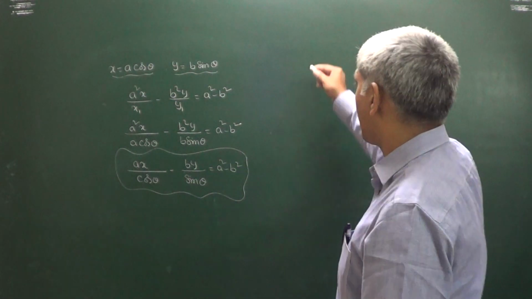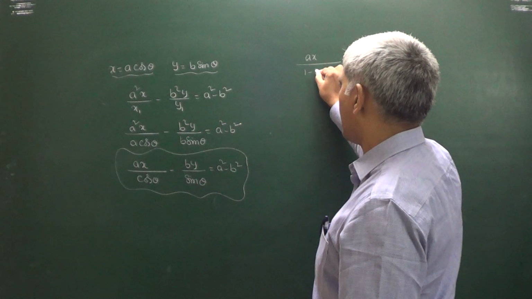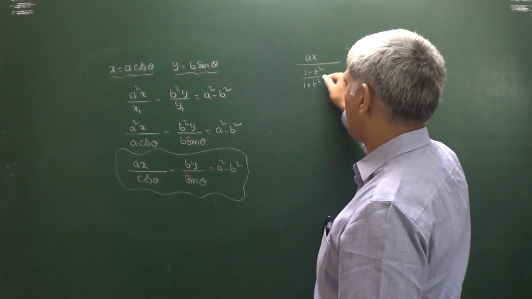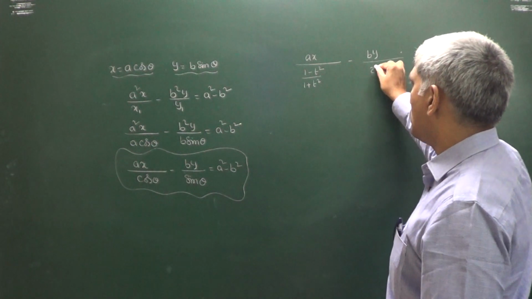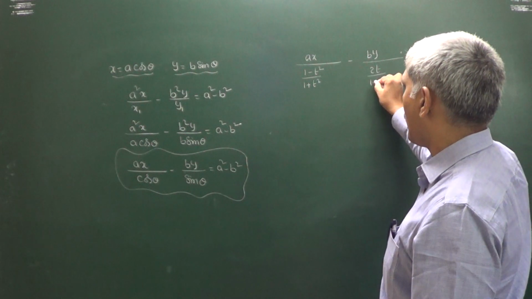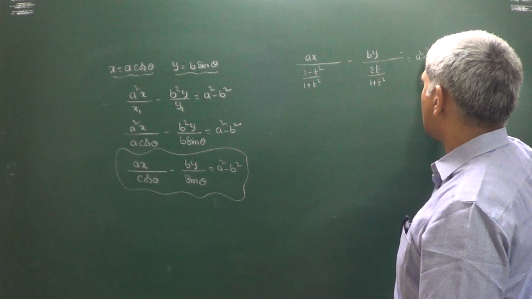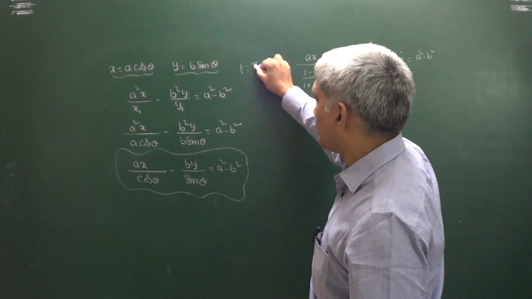Now you can observe here what I am doing. ax divided by cos theta, we can write cos theta as (1 minus t square) by (1 plus t square), minus by divided by sin theta, which can be written as 2t divided by (1 plus t square), is equal to a square minus b square, where t is equal to tan theta by 2.